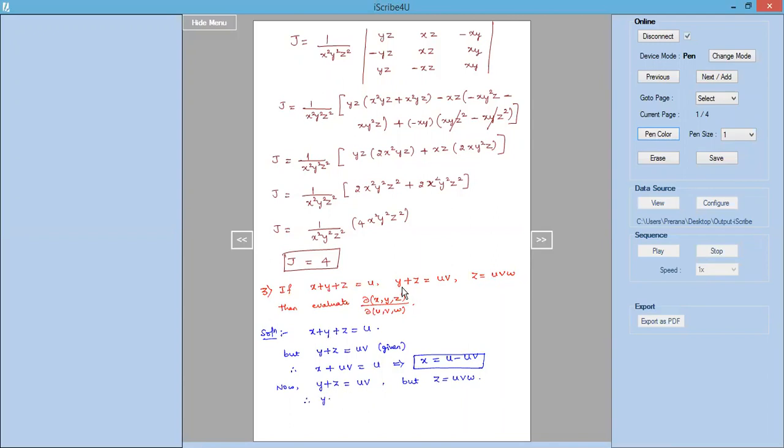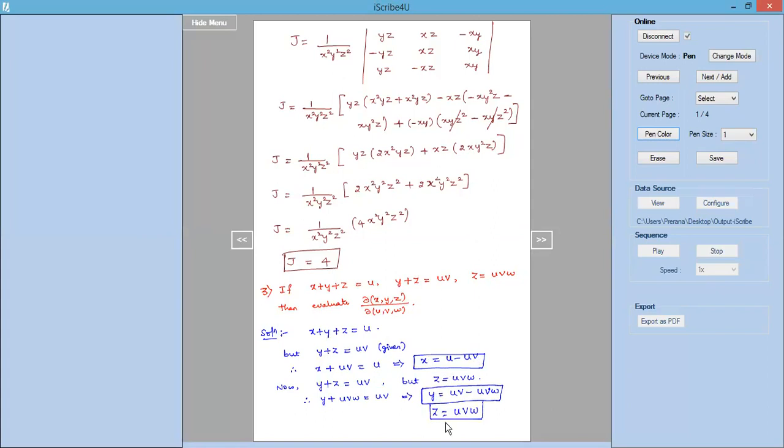So therefore, y plus uvw is equal to uv, or we have y is equal to uv minus uvw. So we now represented y also with respect to uvw. And lastly, z, if we observe, z is already represented in terms of uvw. So I'll just directly write out that z is directly given as uvw. So these are the three expressions for x, y, z for us.